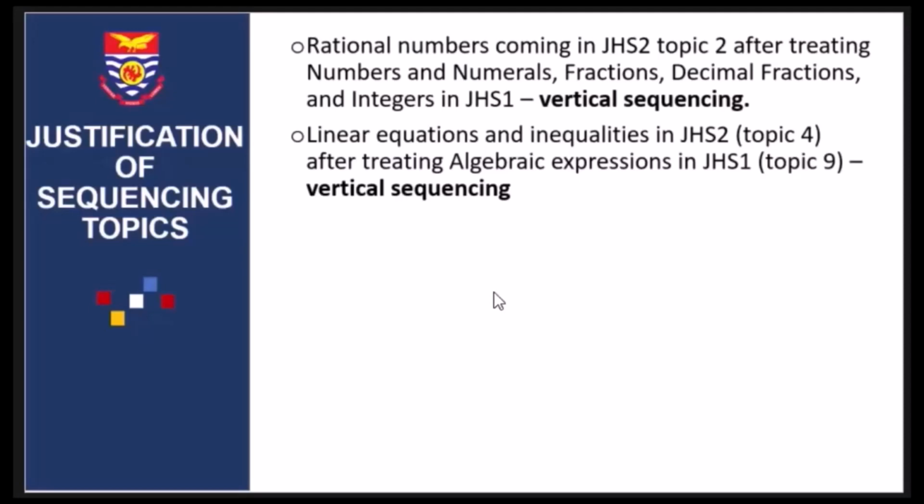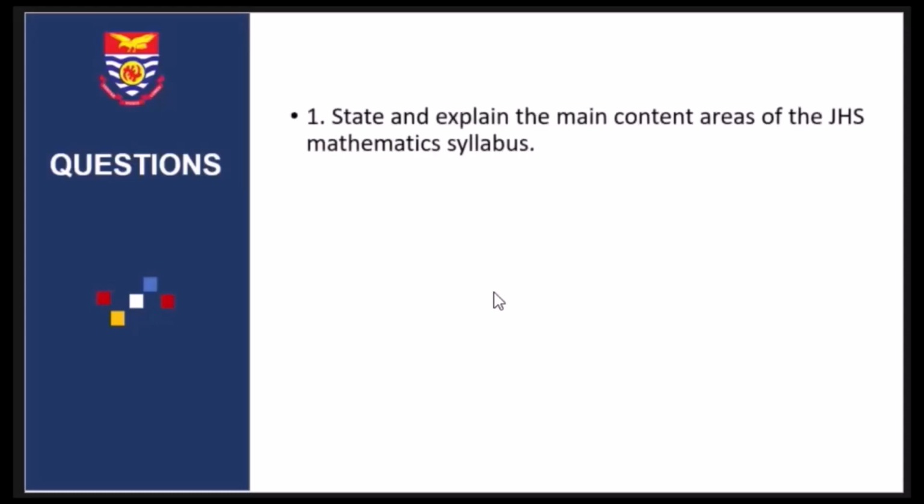So you can also talk of vertical sequencing here. So you see that for inequalities, you need algebraic expressions to be able to do linear equations and inequalities. Therefore, you teach algebraic expressions in JHS1 and then teach linear equations and inequalities in JHS2. This is vertical sequence.